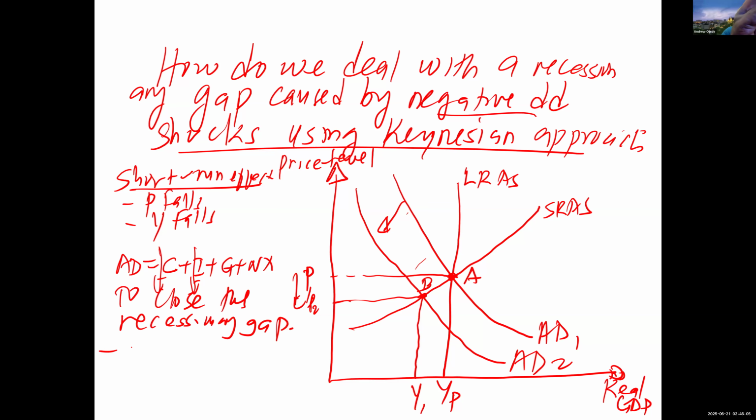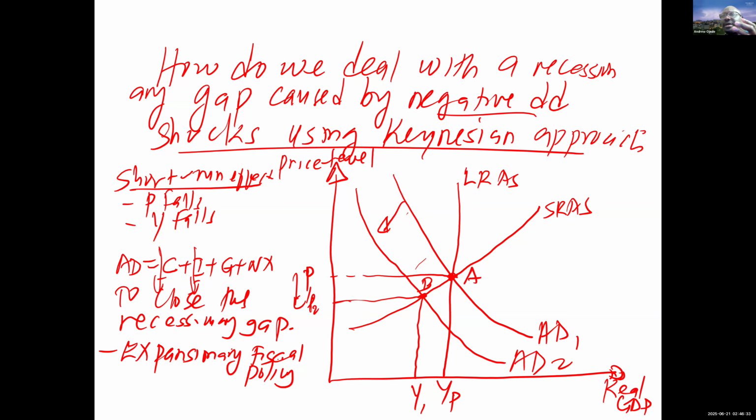So Keynes would, in this case, to close the recessionary gap using the Keynesian approach, deploy expansionary fiscal policy, which I talked about in part 1 of this chapter. Expansionary fiscal policy means we are going to increase government spending or lower taxes, or some combination of those two. Fiscal policy deals with taxation and government spending, and that is controlled by the US Congress.